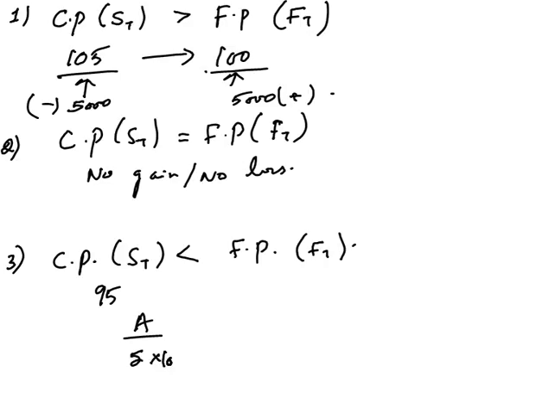Since there are 1,000 shares, you will make 5,000 rupees out of it. The long position guy will make a loss equivalent to the gain of the short investor.